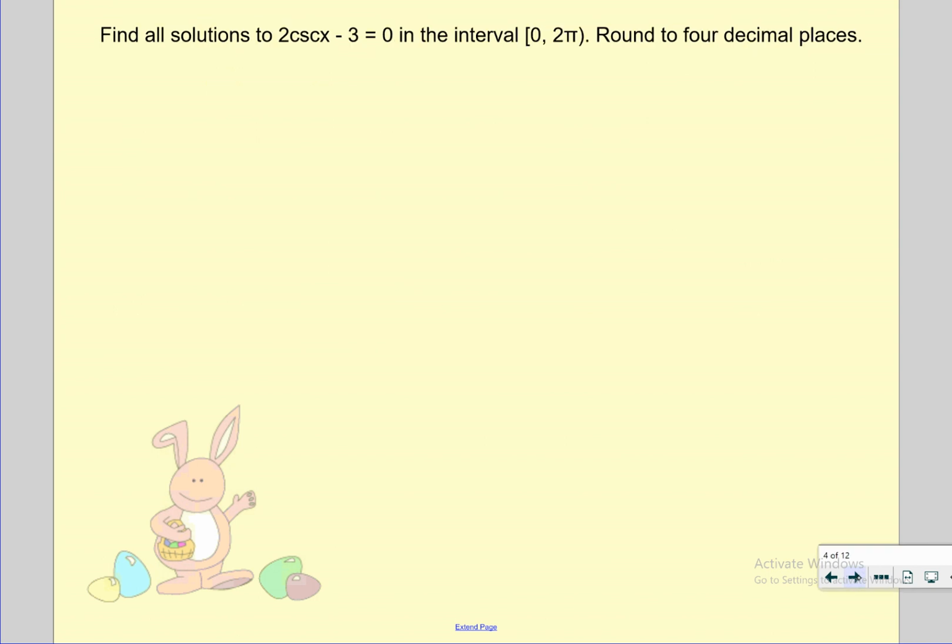So 2 cosecant of x minus 3 equals 0. Actually, this is a decimal one, I guess. This one, we want solutions on the interval 0 to 2 pi, rounding to 4 decimal places.